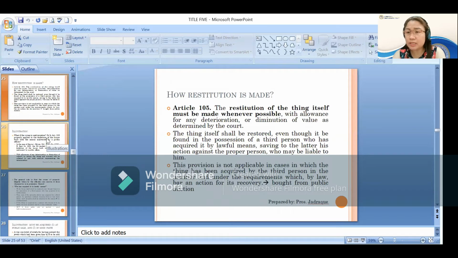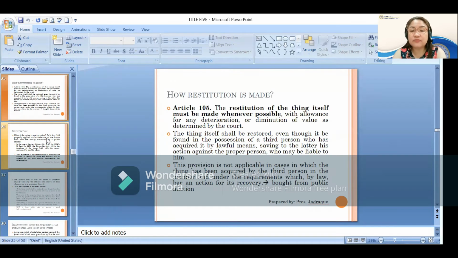Now remember, in restitution, you have to return the very thing itself, subject of the unlawful taking in theft. So, under Article 105, it provides that the restitution of the thing itself must be made whenever possible, with allowance for any deterioration or diminution of value as determined by the court.